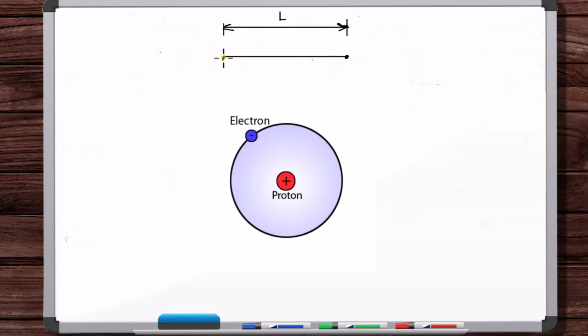So that's the same idea as the wave comes to this end, then comes back. So if the wave goes all the way around the circle, then it's traveled 2L, not just L. So what you do is you say 2L is equal to 2 pi r, right? That's the circumference of the circle.